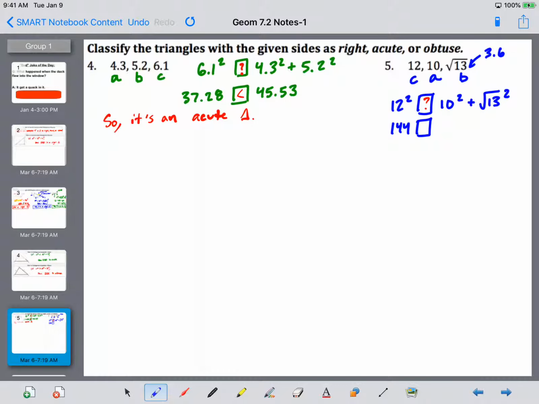The square root of 13 squared is 13, so this ends up being 113 over here. Or you can just plug it into a calculator if you're more comfortable with that. And notice 144 is definitely greater than 113, so it's an obtuse triangle because if c squared is greater than a squared plus b squared, it creates an obtuse triangle.